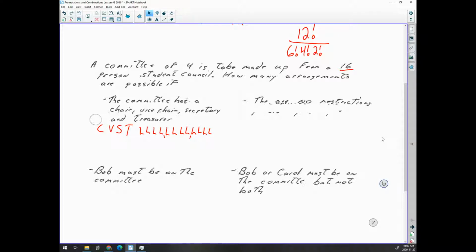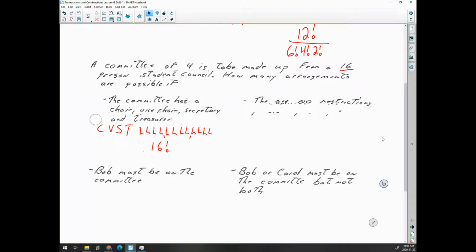What we have here is 16 letters, 16 people in this situation. 4 of them are going to be on the committee, and each of those 4 people will have a job. And 12 people don't have to do anything because they're not on the committee. So if we look at this and treat this as permutations with repetitions, or arrangements with repetitions, if they were all separate letters, there would be 16 factorial ways.